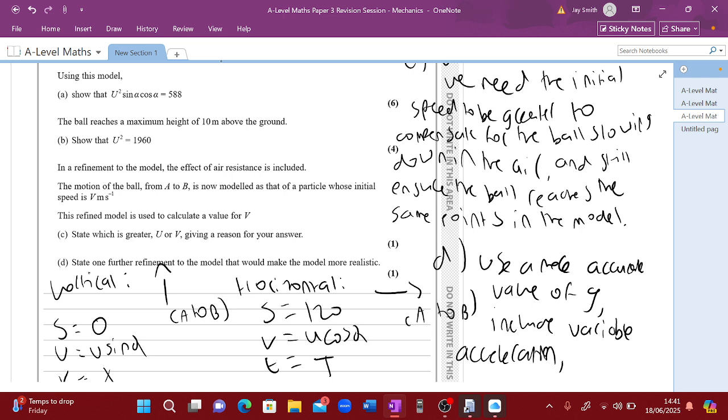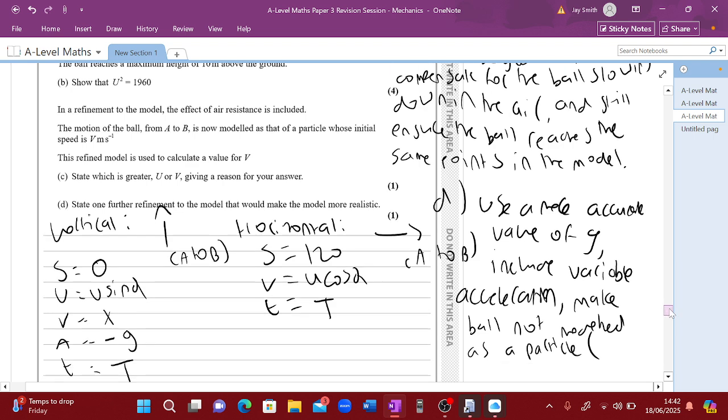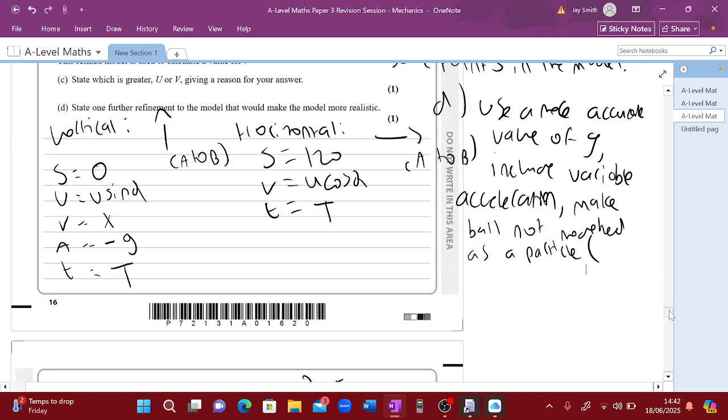Also the ball modelled as a particle. So make sure the ball is not modelled as a particle, essentially. What that means is stuff like the shape and the dimensions, because the ball as a particle is like a single point. It doesn't have a dimension, but if you start including dimensions, it can go left or right, or even in 3 dimensions.